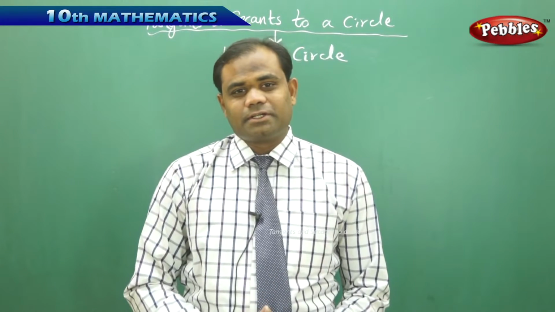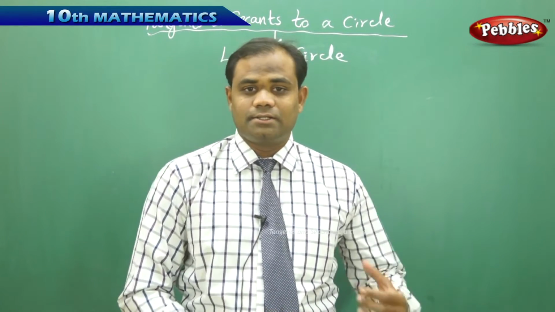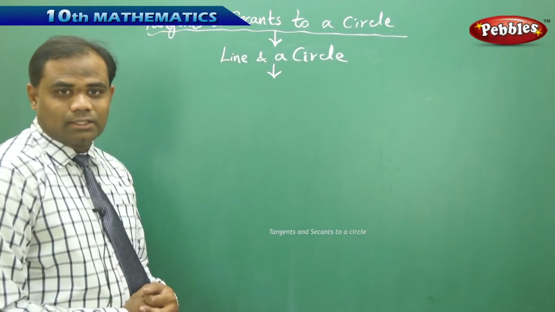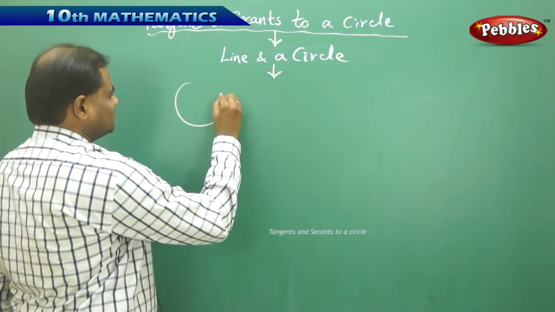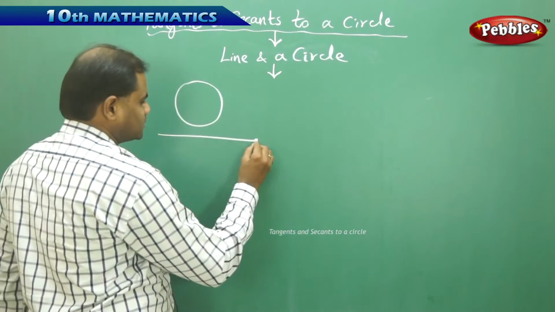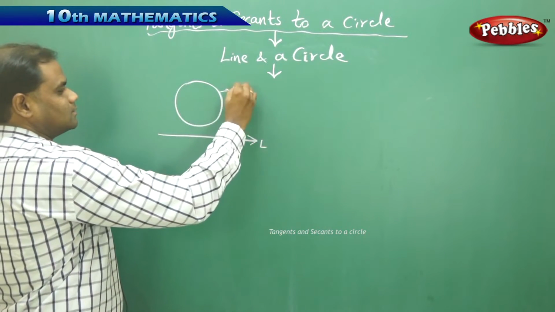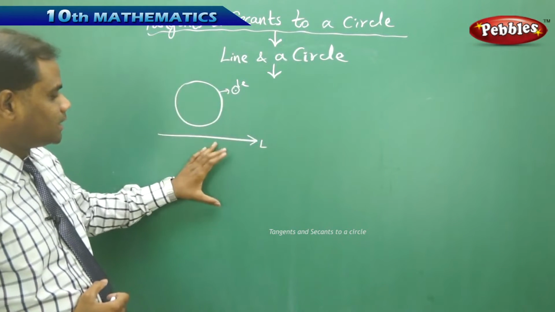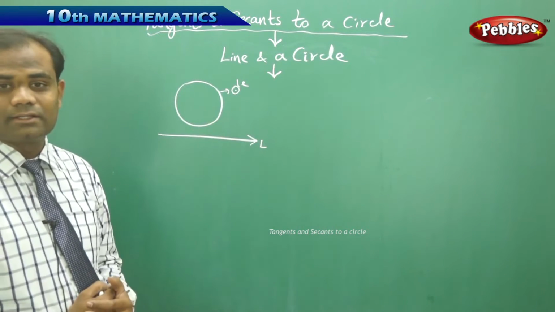So let me consider a circle and a line and see how different cases arise as seen in the previous session. Considering a line and a circle, to start with, case 1: I have a circle with a suitable radius and then I have a line which does not intersect. So this is the line L and this is the circle. So for a circle and a line, here the possibility is that the line does not intersect the circle.